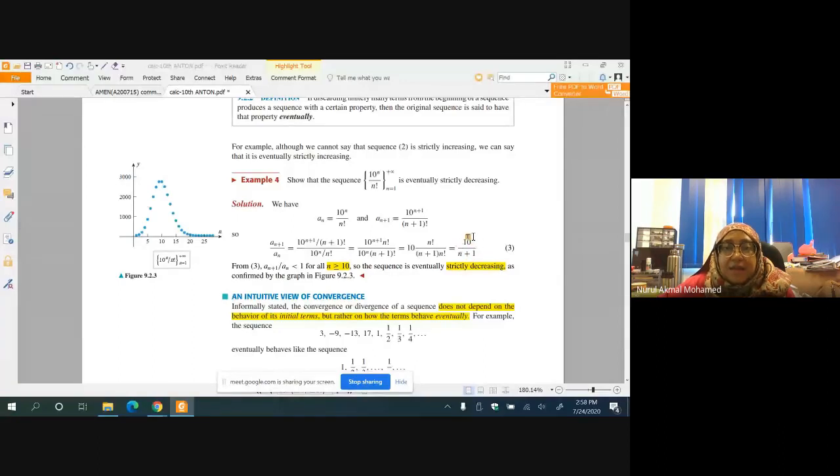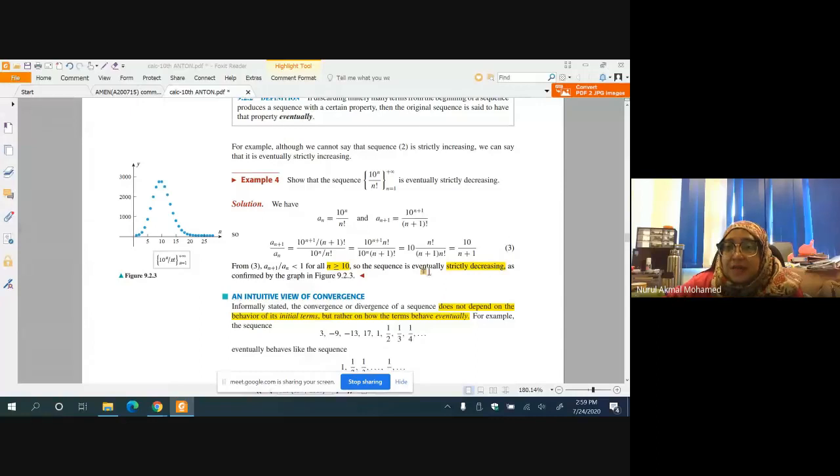But what happens if you have n greater than or equal to 10? Let's take n equal to 10, then you will have 10 divided by 11, which is less than 1, unlike when you take n equal to 1.